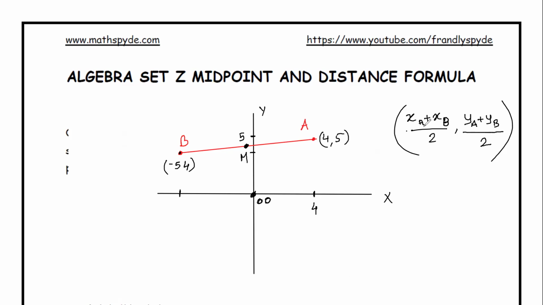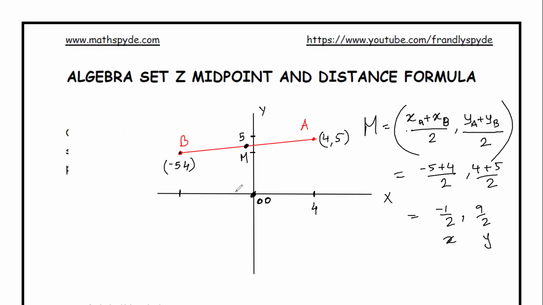So if we apply this formula, we have negative 5 plus 4 divided by 2, and then 4 plus 5 divided by 2. That gives me negative 1 over 2 and 9 over 2, the x coordinate and y coordinate of the midpoint.